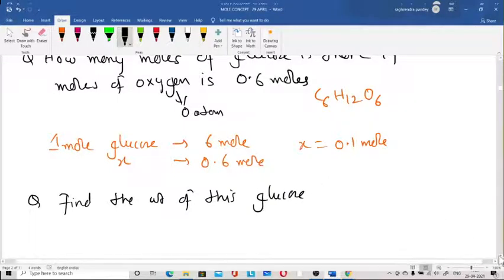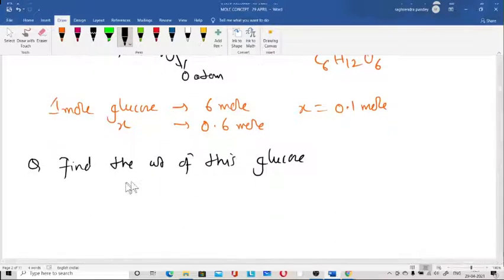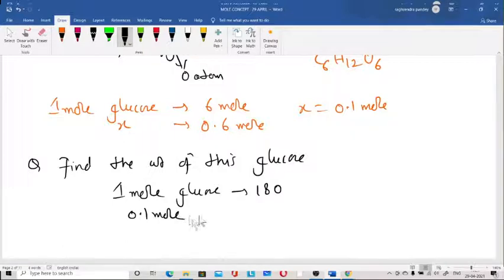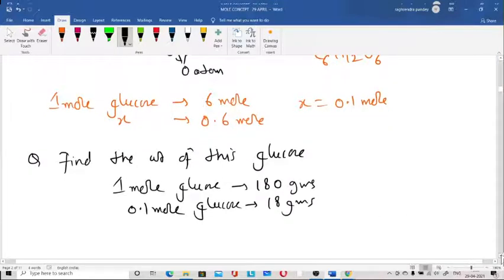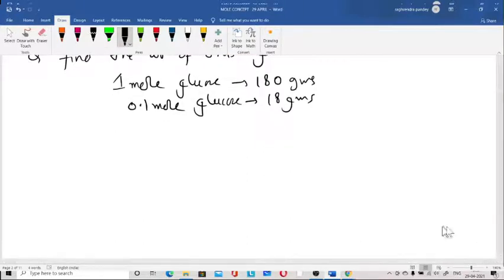So how to find the weight? 1 mole glucose we already calculated is 180 grams, so 0.1 mole glucose is 18 grams. Okay, that is simple. They can also ask like that. Got it?